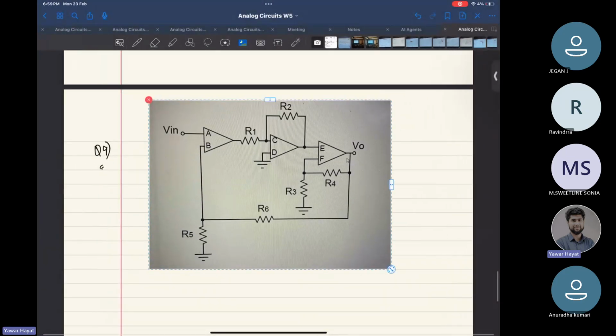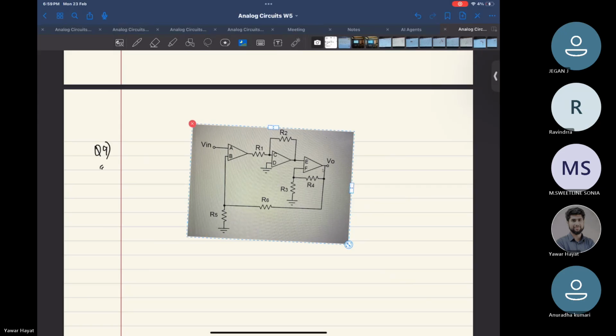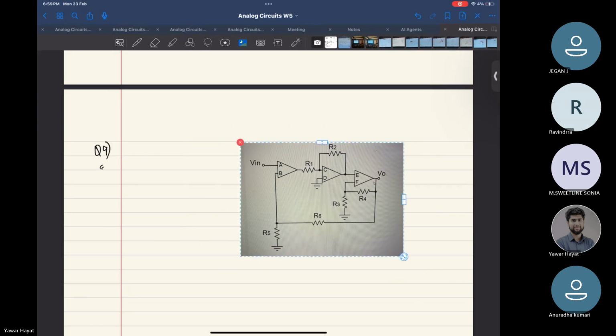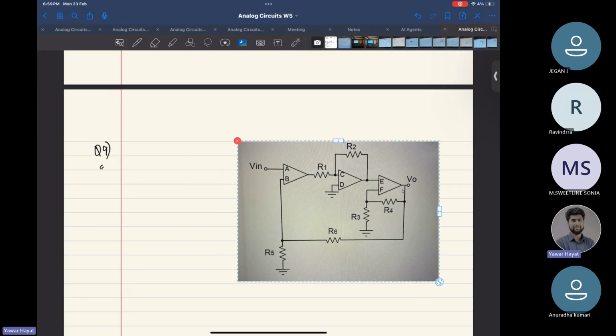Okay, suppose we have this one, right? And this is the circuit arrangement that you need to consider. And these blocks are placed in the negative feedback configuration.